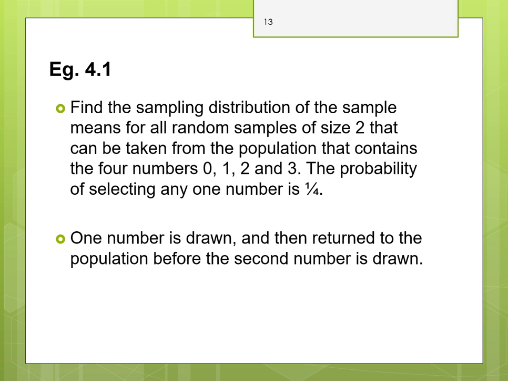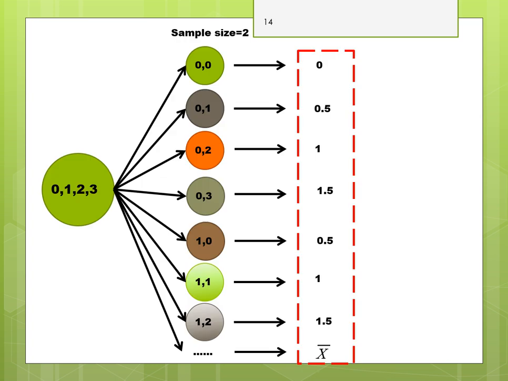So here it means the probability of selecting any one number is 1 over 4, right? Okay, so here when one number is drawn, the number must be returned to the population before the second number is drawn.